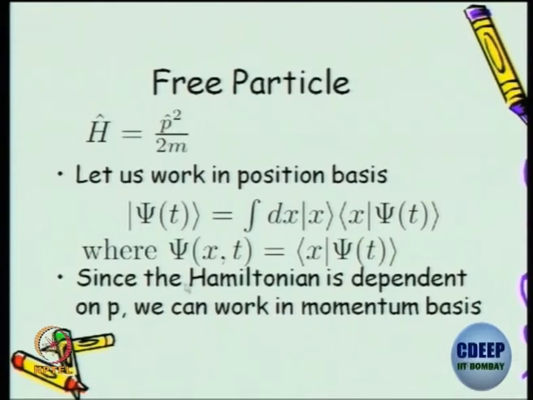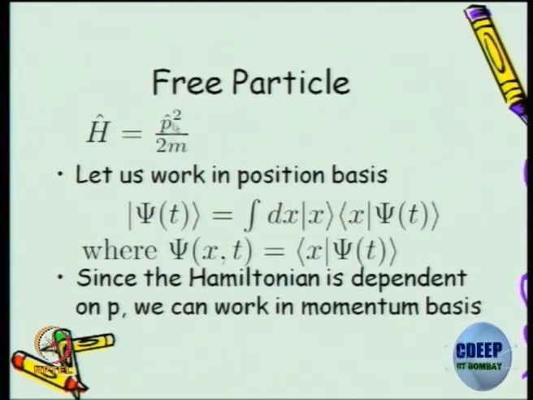And we had also defined how to write the wave function. Here you can also write the time dependent wave function as the inner product of x with psi of t. Since the Hamiltonian is dependent on p, we are working for a free particle.